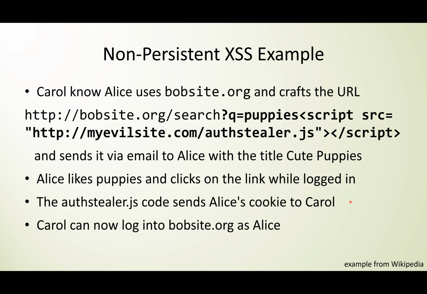Carol can now use that to log into the Bob site, change the cookies, and make the Bob site think that she is Alice, and she'll have all the authorization. Sometimes you go to a website and you don't have to log in because it knows it's you. This will know that it's Alice, but it's really Carol.